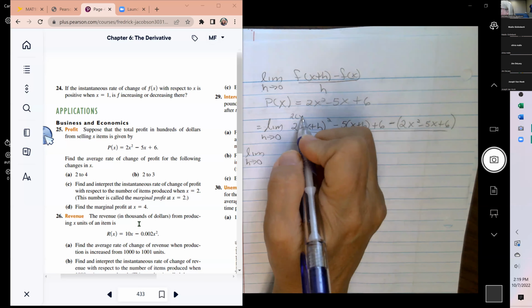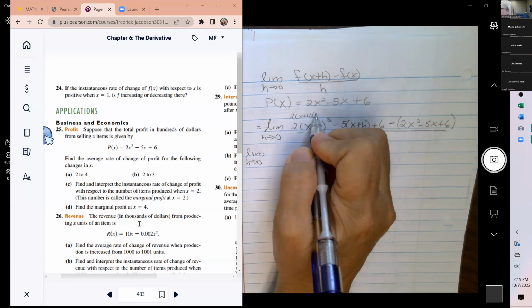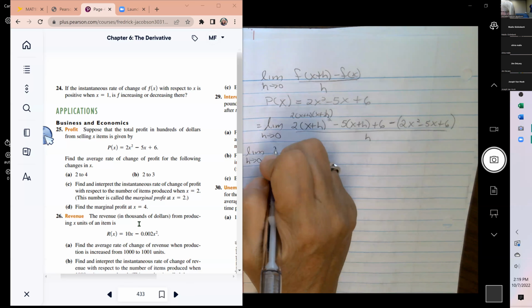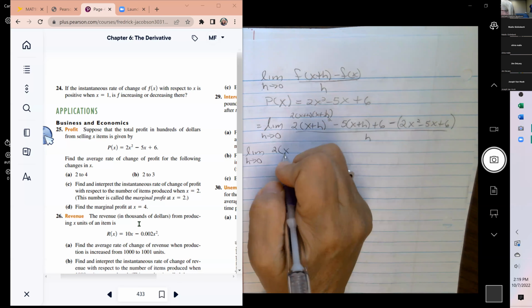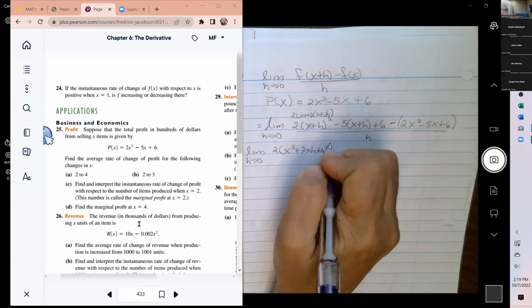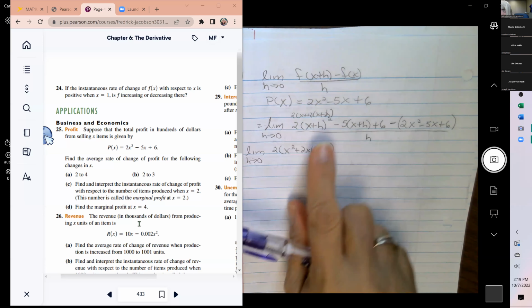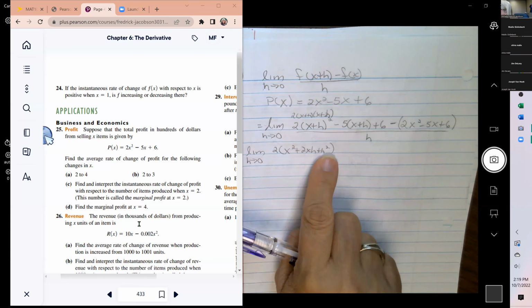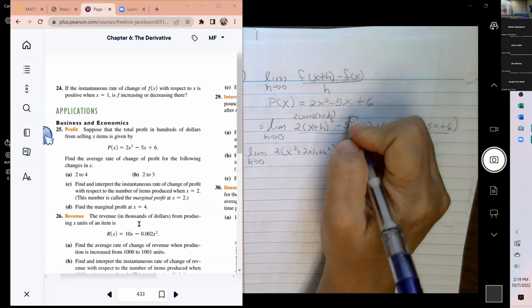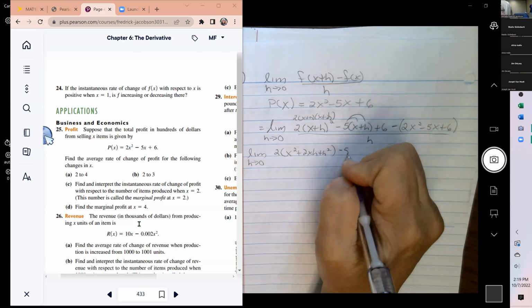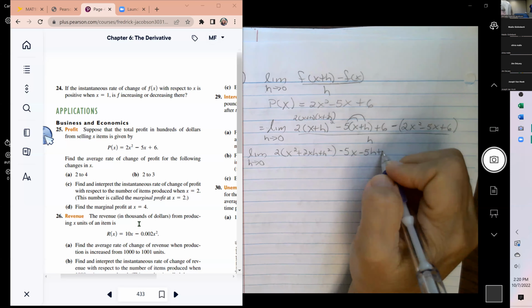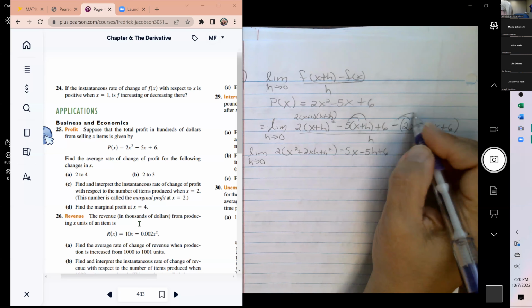It's 2 times x plus h times x plus h. I'm going to leave the 2 out first, but that would be x squared plus 2xh plus h squared. So this squared is this, because you have to FOIL it. I'm going to distribute the negative 5. Distribute the negative.